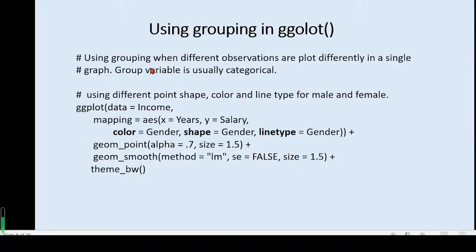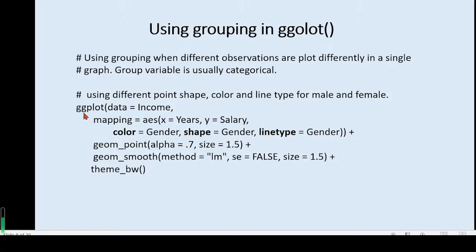Then next we can show the grouping parameter. We can use it so different observations in different groups can be printed differently in a single graph. And the group variable is usually categorical. So for example, here we use different point shape, color, and line type for male and female observations.